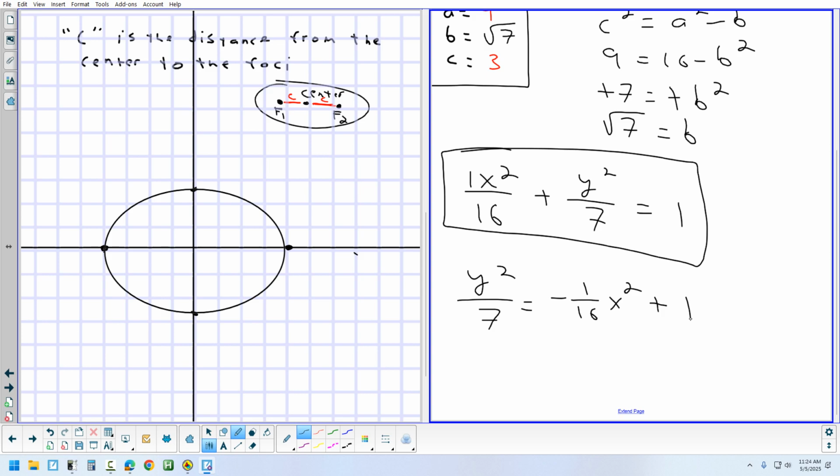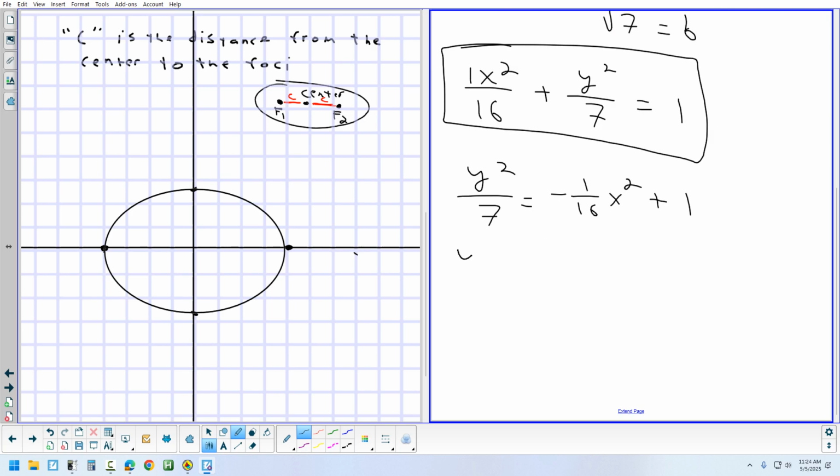Multiply by 7. I'm not even going to do that out. Just leave it. Well, actually, I guess I could because I'll do it as a fraction. So multiply by 7, you get negative 7/16 plus 7. And what would be your last step? Take the square root, and remember there are 2 answers.